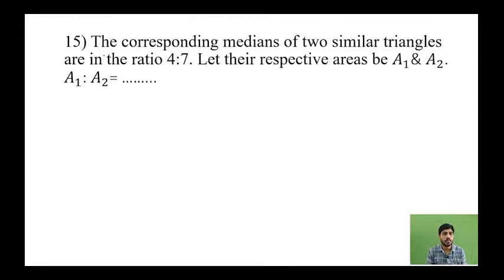Last question is, the corresponding medians of two similar triangles are in the ratio of 4:7. So let their respective areas be A1 and A2.